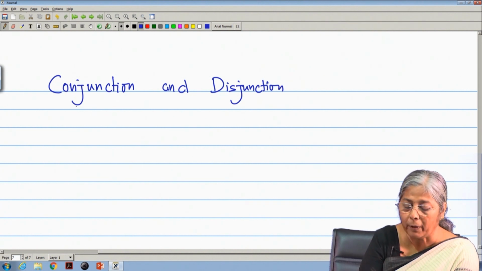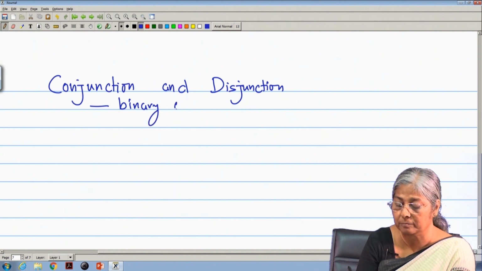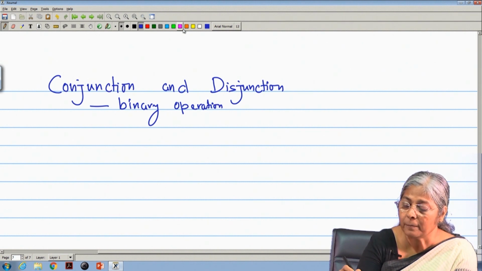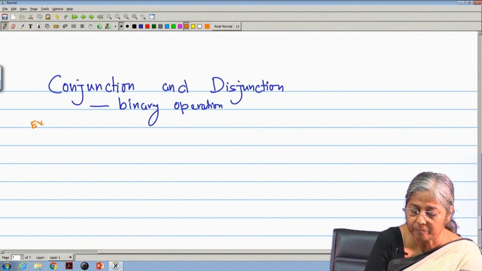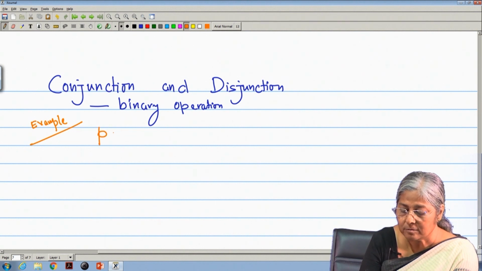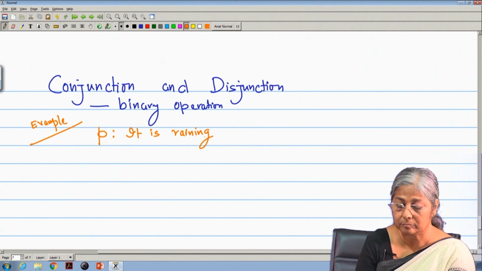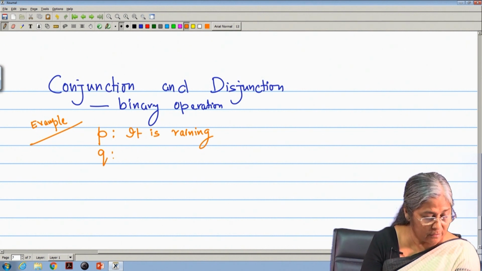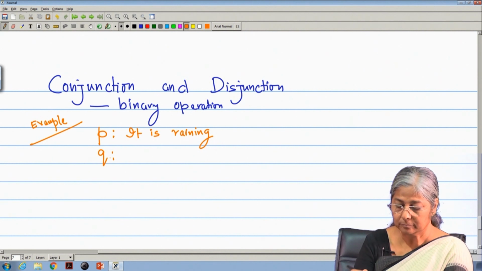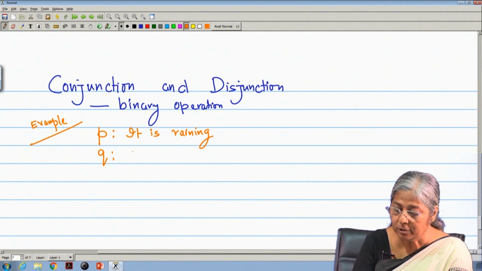For these operations I need two propositions. Let me take a quick example. P is one proposition, "it is raining". Q is "it is cold".